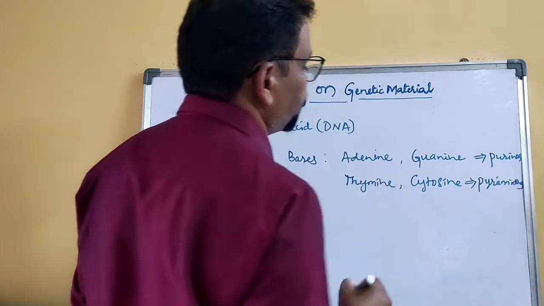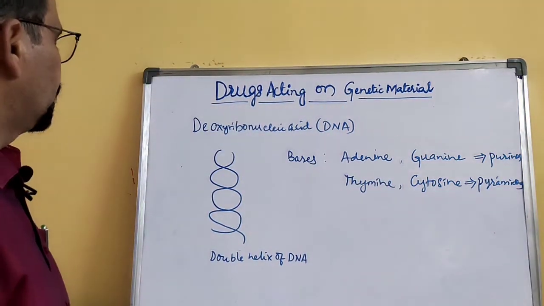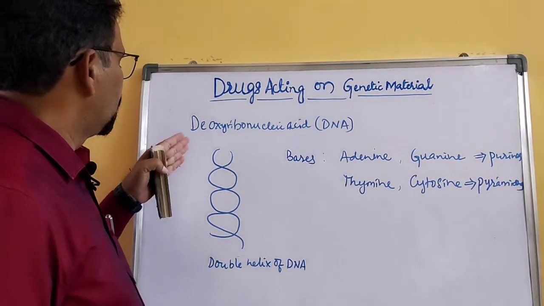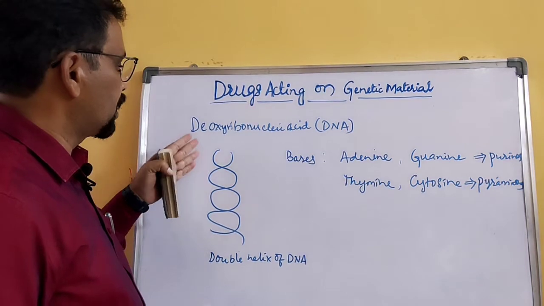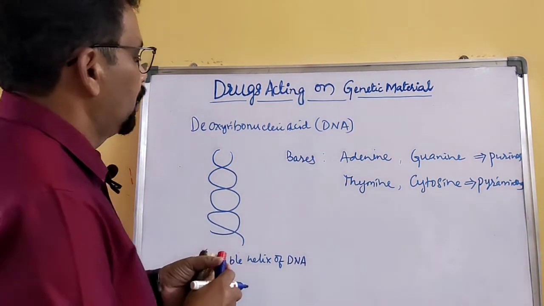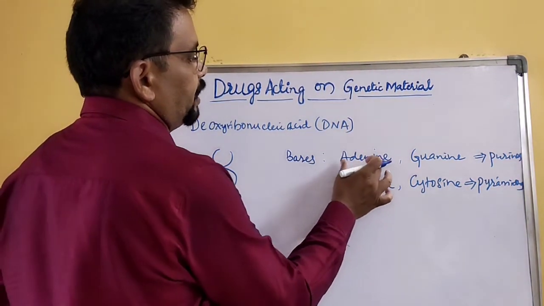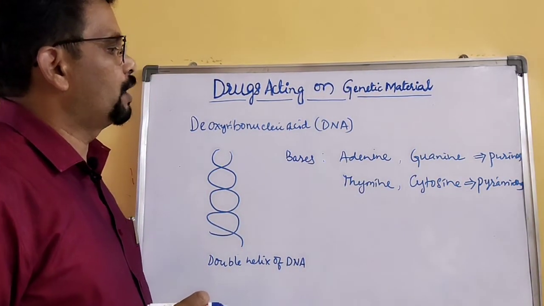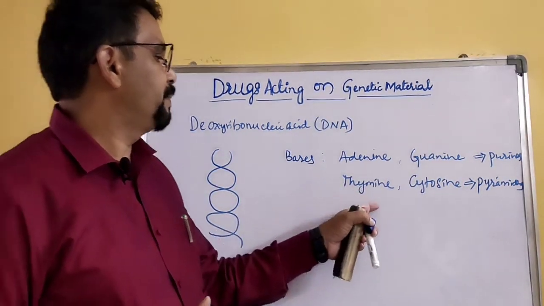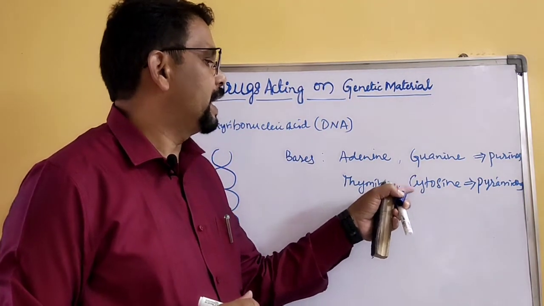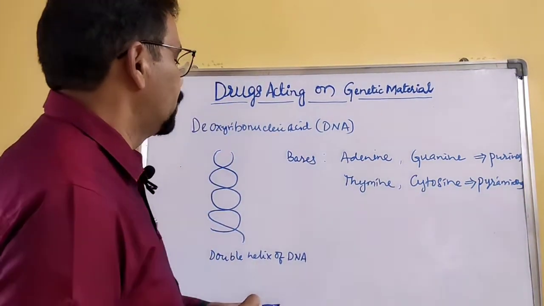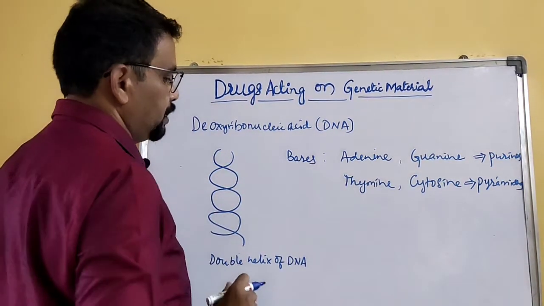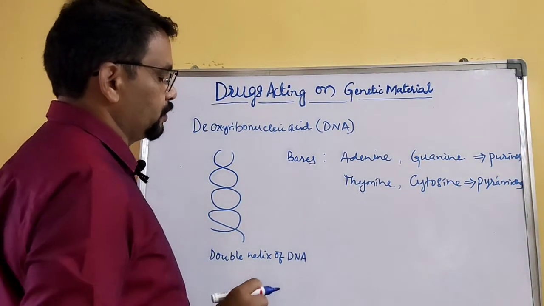So in the double helix of DNA, the chemical structure is composed of the bases. What are the bases? Adenine and guanine, both together called purines, and thymine and cytosine, called pyrimidines. These are the bases that exist in DNA or RNA molecules.